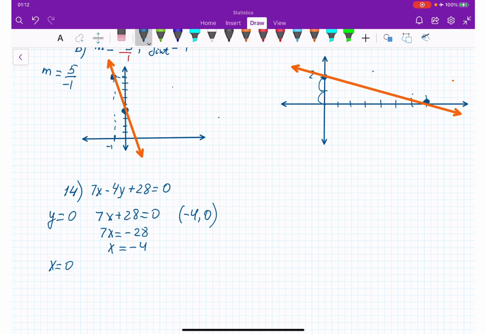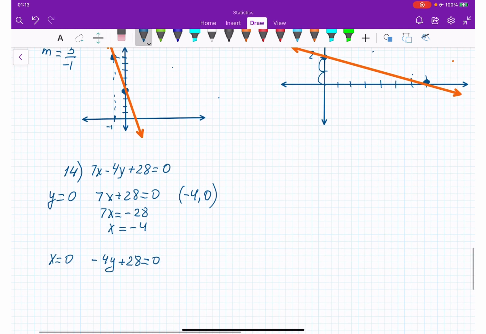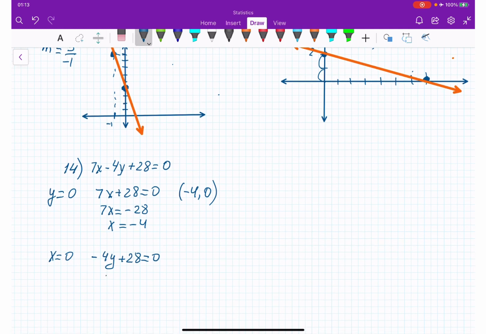And the second one, when x is equal to 0, 7x will become 0, obviously, because 7 times 0 is going to be 0. And I will have negative 4y plus 28 equals 0. So from here, negative 4y equals negative 28.